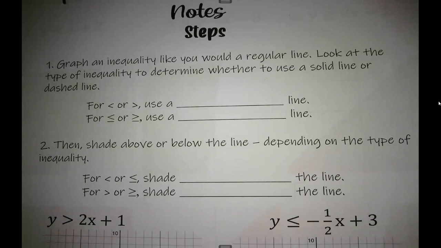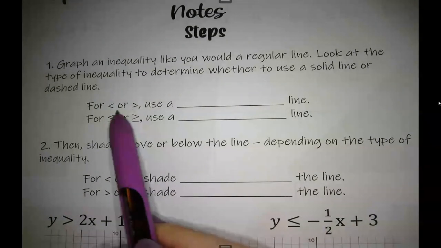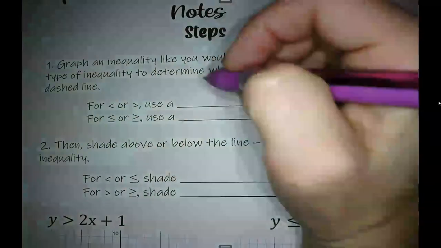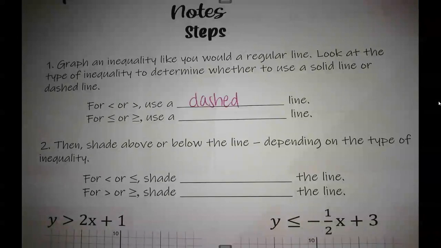So our line isn't always just going to look like a solid straight line. We've got these special rules. If our inequality is just the less than or the greater than symbol, there's no line underneath, there's no equal to, then we're actually going to use a dashed line.